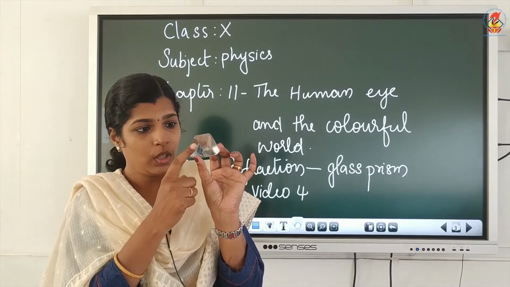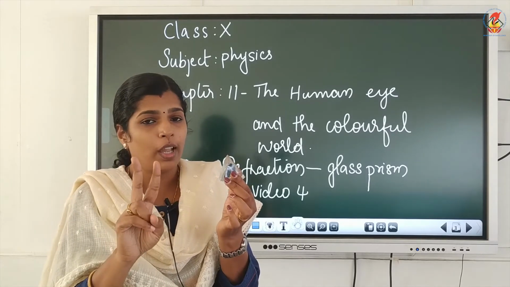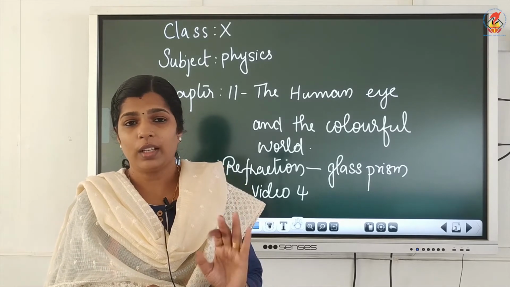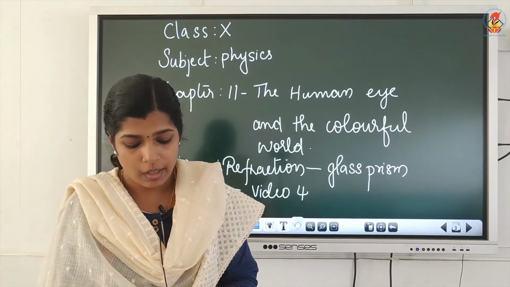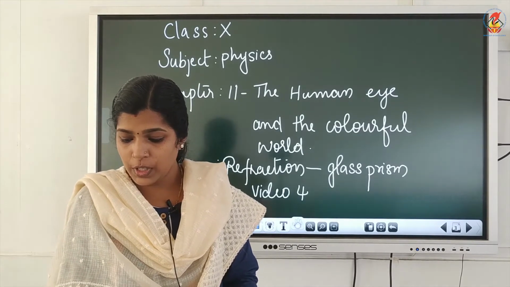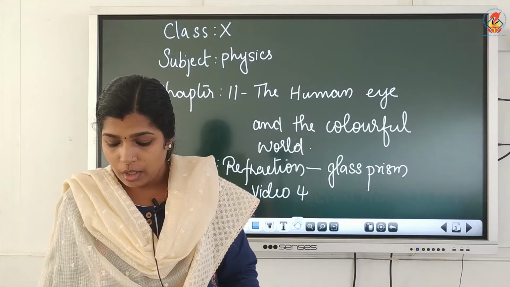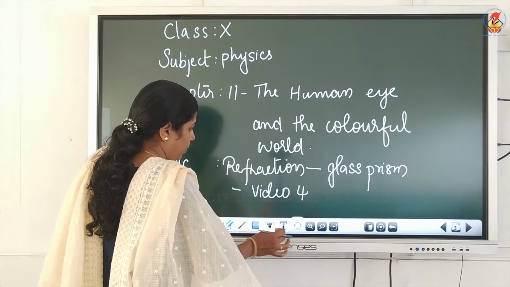This one is a triangle, this one is also a triangle. These surfaces are inclined to each other. The angle between its two lateral faces is called the angle of the prism.